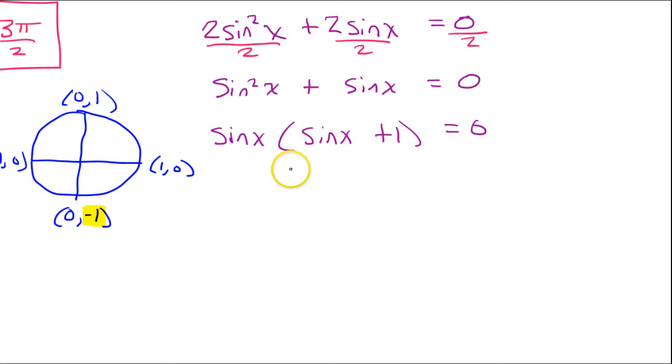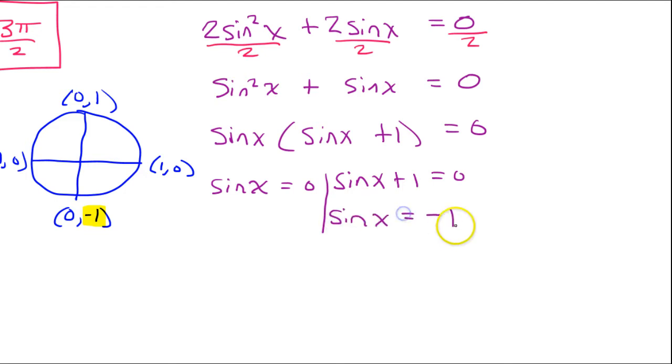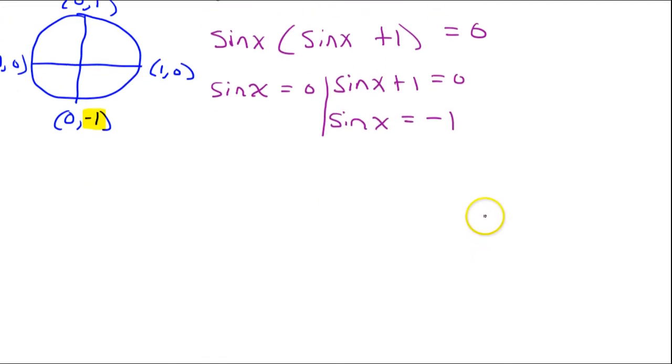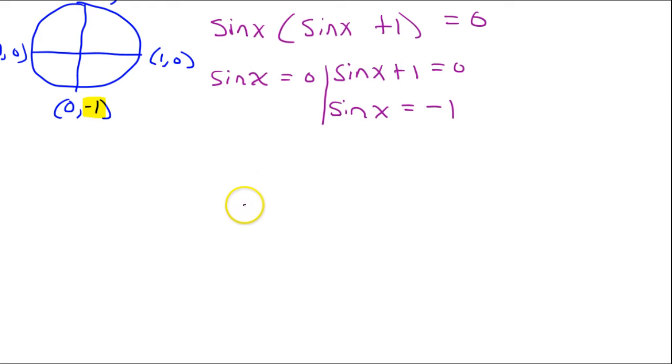Alright, time to use the zero product property. So here I have sine x is equal to 0, and then I'll have sine x plus 1 is equal to 0. Subtracting 1 gives me sine x is equal to -1. Okay, these will be solved by quadrantal angles.